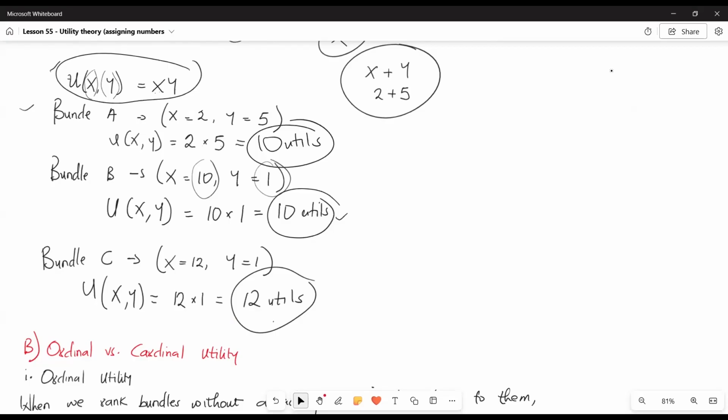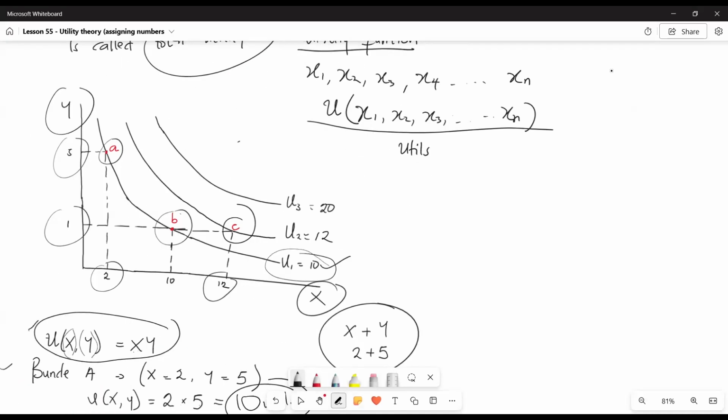Now, since C gives Ava a higher level of utility, it lies on a higher indifference curve. So if we come back to these indifference curves, you'll see that bundle C lies on indifference curve U2, which gives the consumer a utility of 12, and hence the indifference curve U2 is preferred to the indifference curve U1.